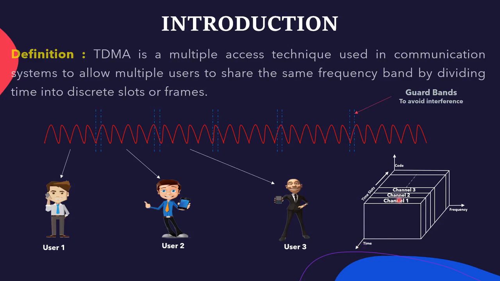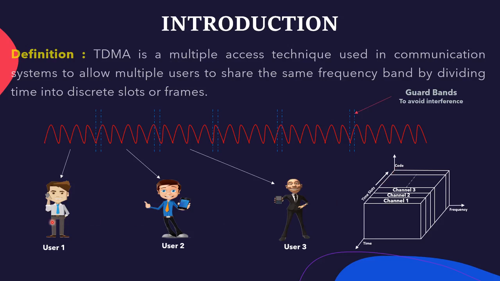We have channel 1, channel 2, and channel 3, representing, for example, user 1, user 2, and user 3. You can see that all three users use the same frequency on the x-axis, but they have a different time slot for every user.